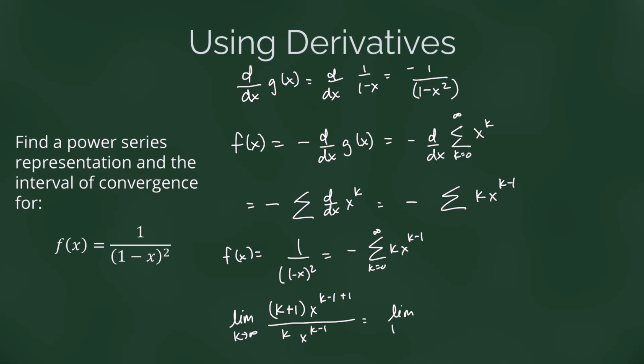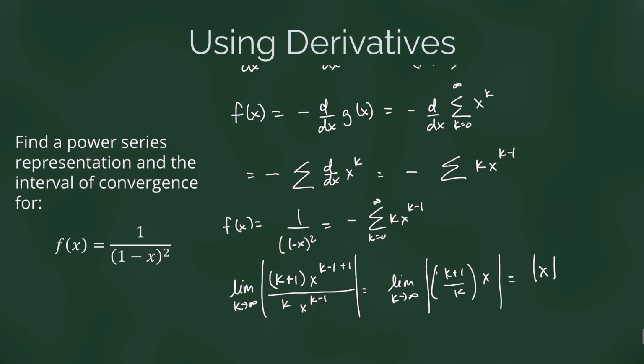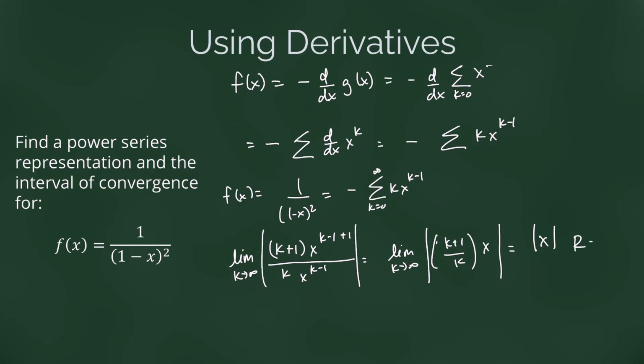Well, that gives us the limit as k goes to infinity of the absolute value of k plus 1 over k. I forgot some absolute values over here. That's bad form, so let me put those in. And then we get times x, which is just the absolute value of x. So we see again that we have a radius of convergence of 1. Our interval is going to go from -1 to 1.